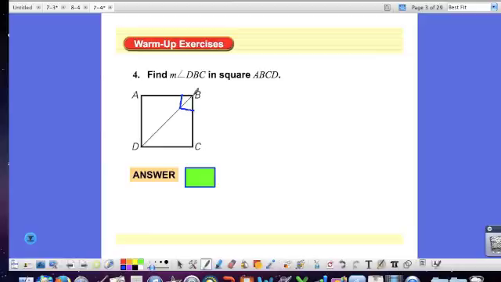It tells us that the diagonal of a square is going to bisect the angle, so DB is an angle bisector. That would mean each of these is 45 degrees. I don't think we've actually learned that theorem yet. You probably would have guessed and gotten it right, but that is the correct answer.